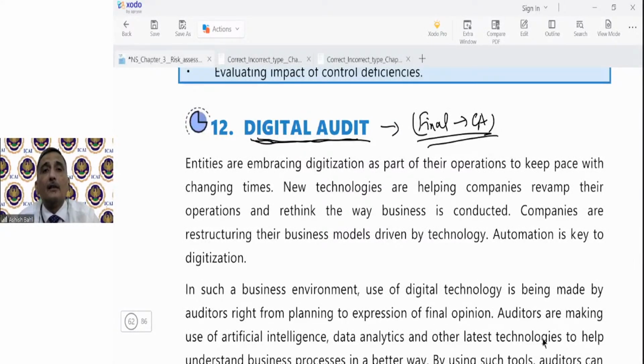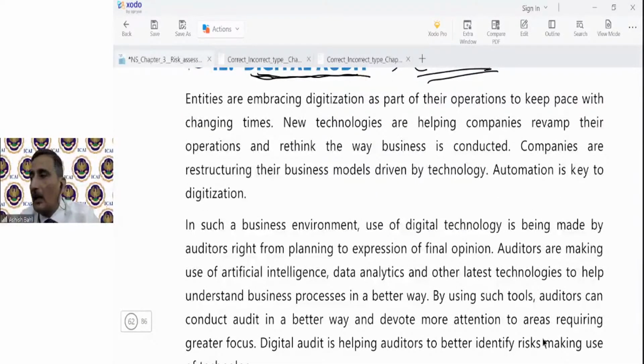So this whole field is known as digital audit. So you understand now what is the difference between data analytics for audit and digital audit.